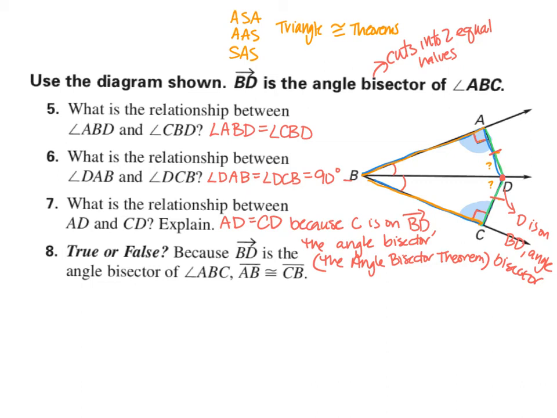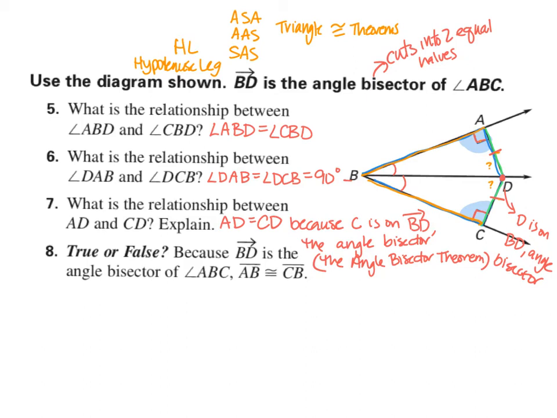But I do have one more triangle congruence theorem that I can use here, and that is what we call the hypotenuse leg theorem. And your hypotenuse leg theorem says that if the hypotenuse and leg of a right triangle are congruent to the hypotenuse and leg of another right triangle, then the two triangles are congruent.